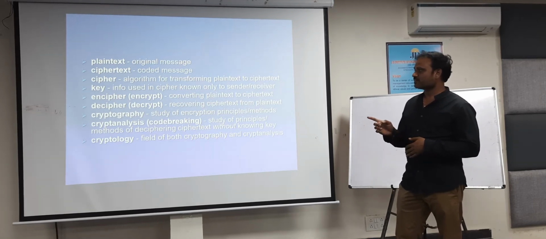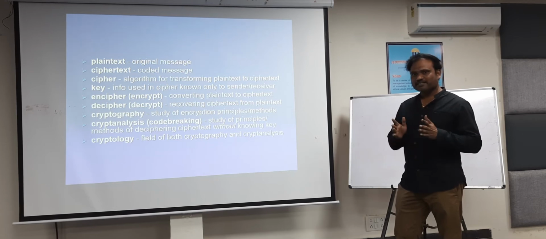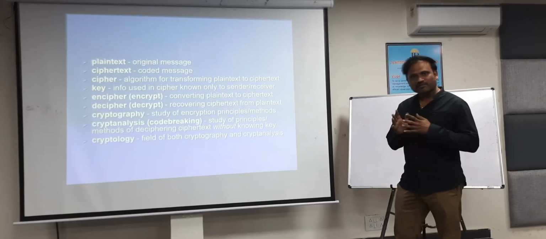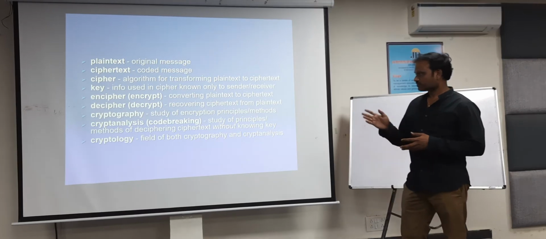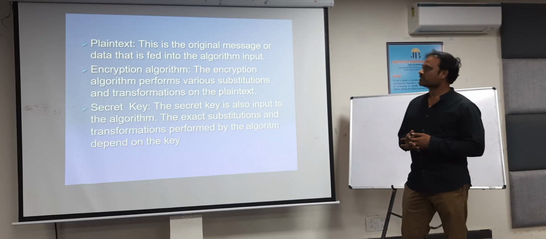Decipher is recovering plain text from cipher text. So encipher or encrypt is plain text converted into cipher text, and decipher or decrypt is converting cipher text into plain text. And here we have the cryptographic principles.